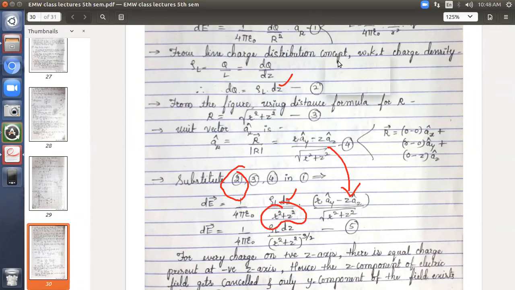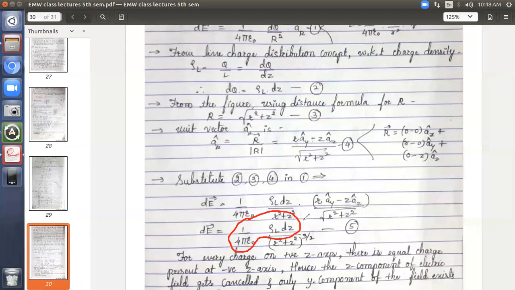If you simply rearrange the terms, these are as they are, and in the denominator I forgot something here. The power is 1 by 2 here and 1 here. 1 plus 1 by 2 is 3 by 2. I missed writing this bracket, so please correct it. Equation 5 should have that bracket, vector.